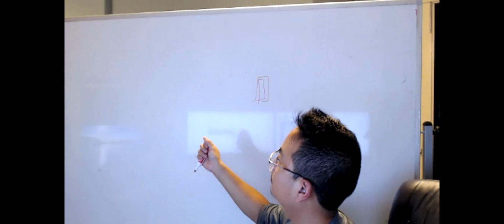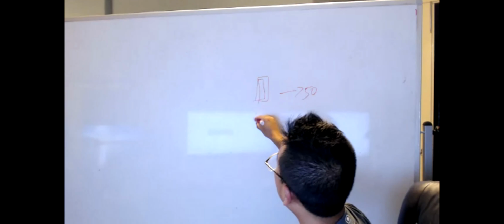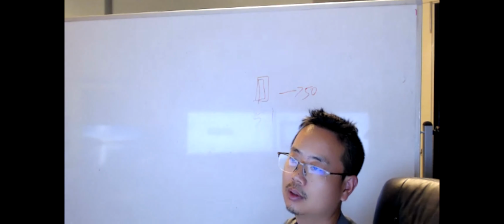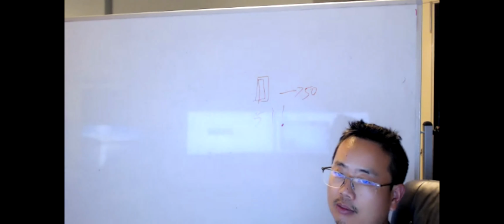Then this card can be together with the other 50, right? So there's totally 51. They can do whatever they want, right? That's 51 factorial. Everybody follow?